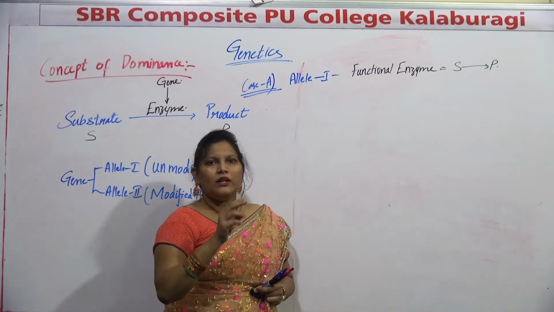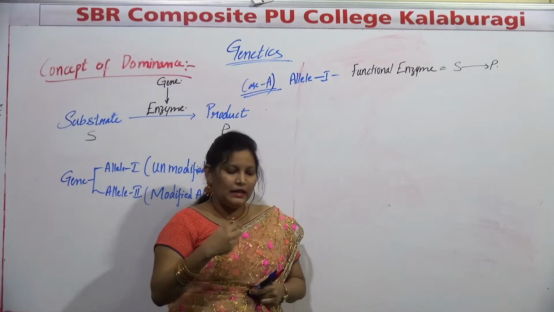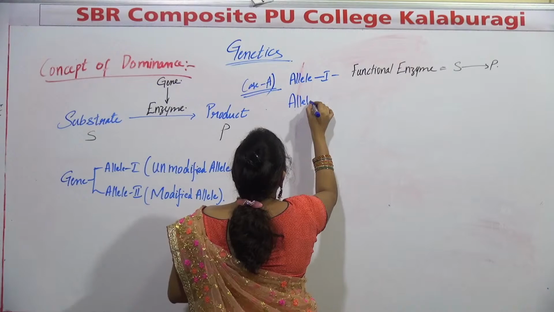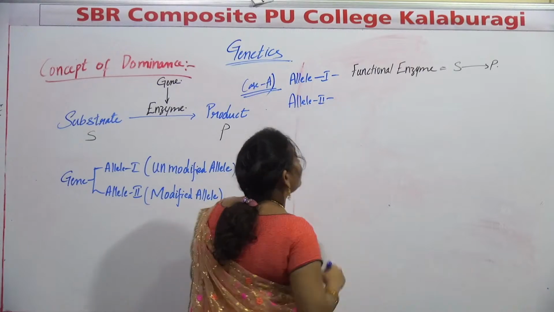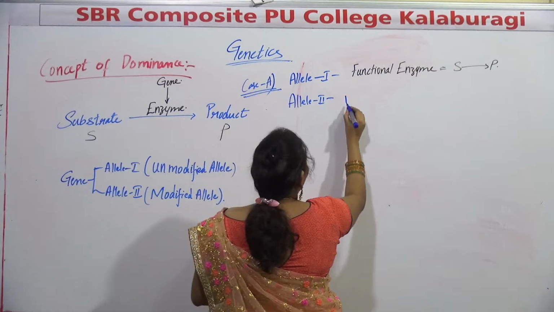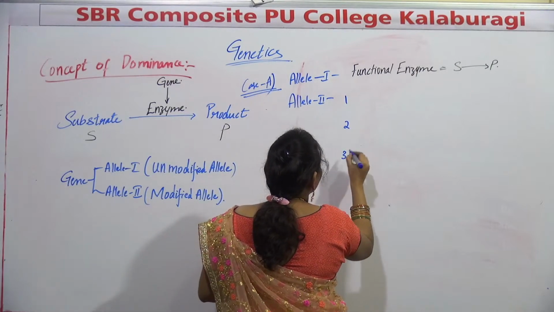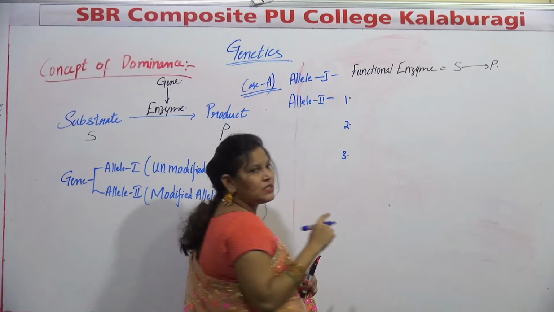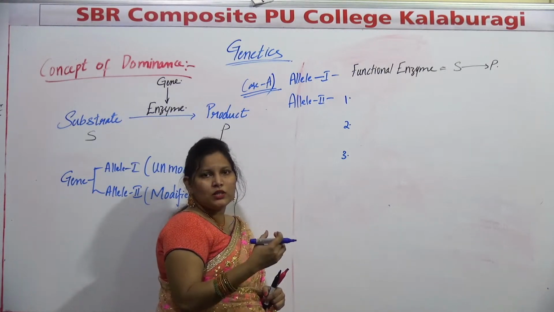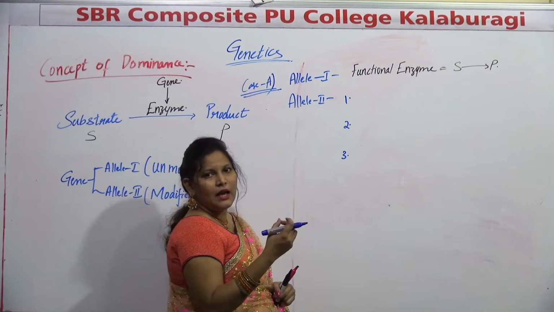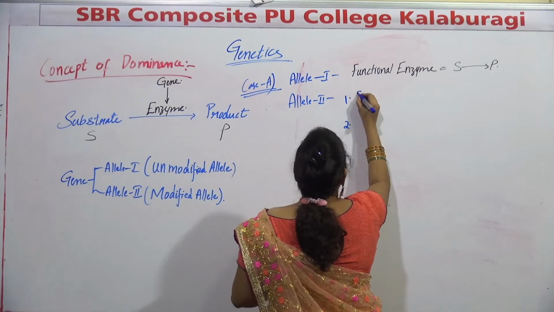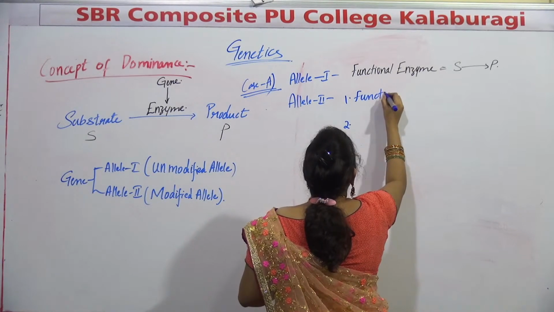Now what is the phenotype of allele 2? There are three possibilities. In the first, allele 2 can also produce a functional enzyme or a less functional enzyme.